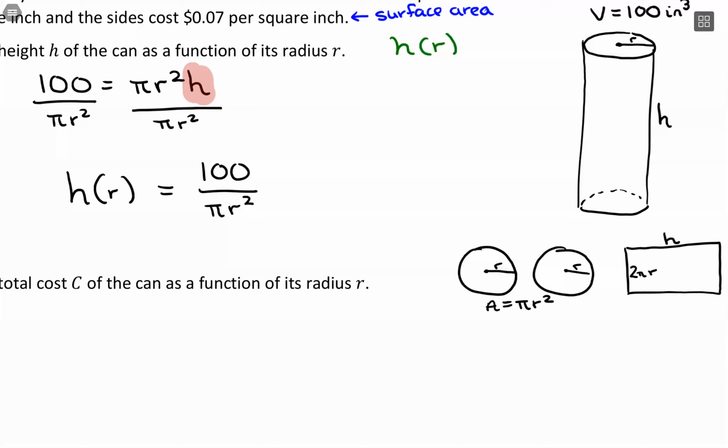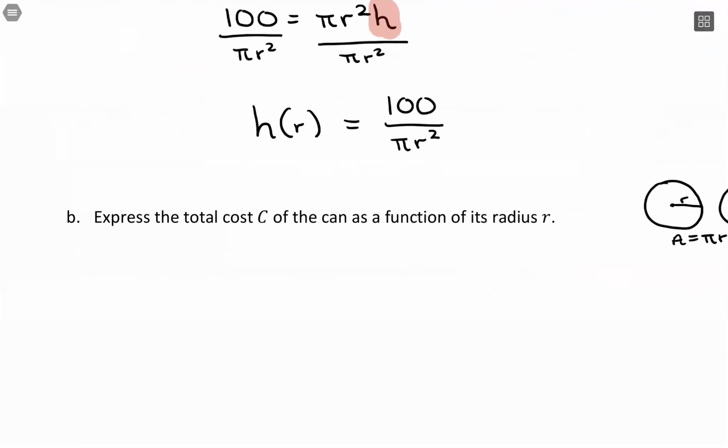So for surface area, I'm going to add two circles plus a rectangle together. I'm going to write that out in words. We're going to have two circles, that top and bottom, and then a rectangle. So the two circles, it's coming from that pi r squared, but I'm going to have two of them, so 2 times pi r squared.